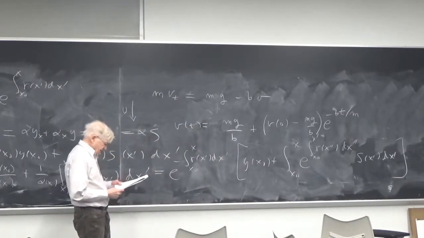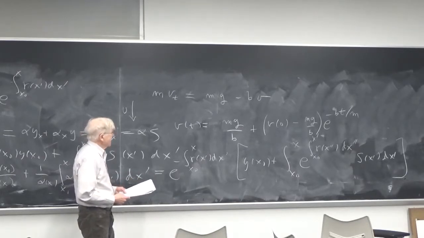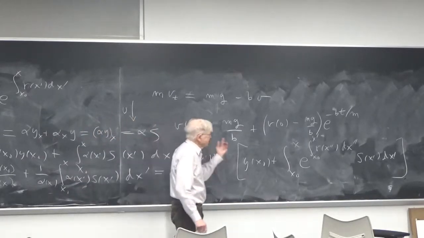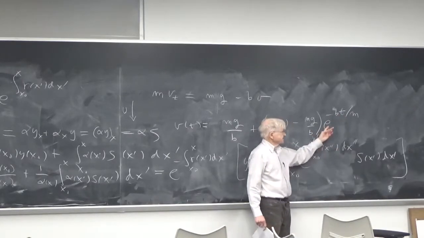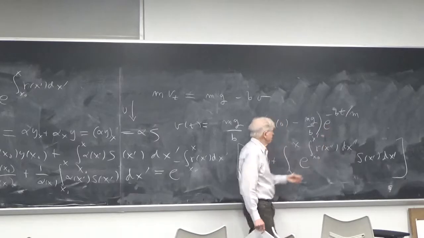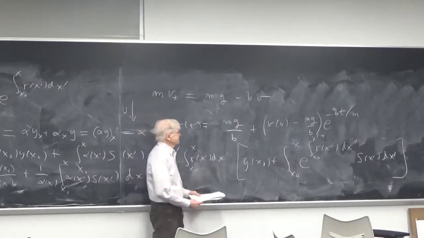Some amusing aspects of this is you can see that after the object has been falling for a while, this exponential is 0, and this is the terminal velocity.